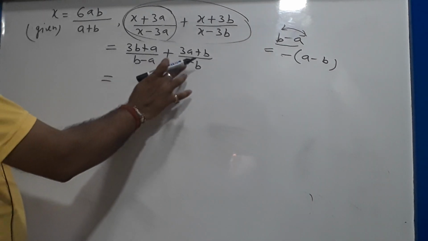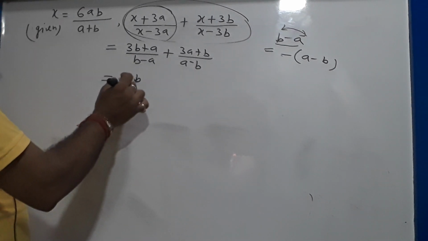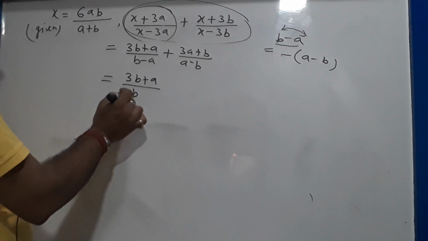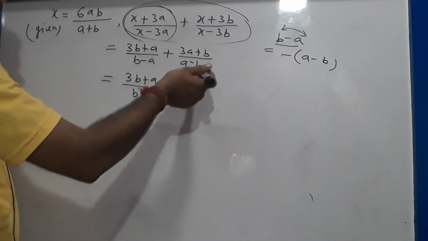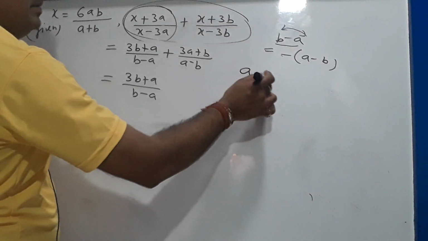So let us change the order of A minus B. 3B plus A upon B minus A, we keep as it is. Change the order of A minus B, what can you write?